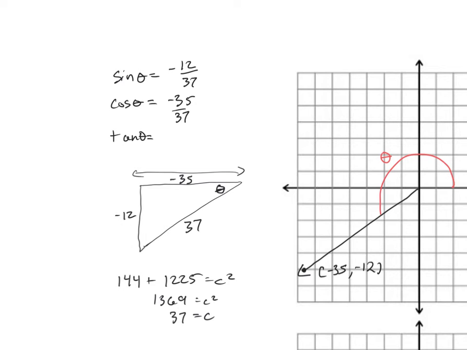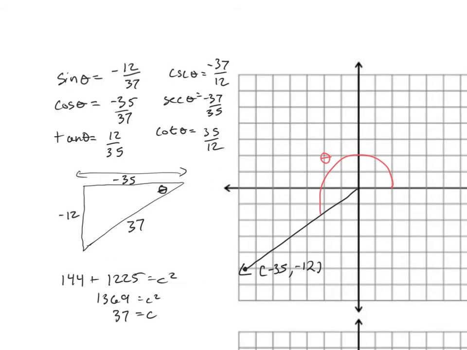Tangent is opposite over adjacent, so negative 12 over negative 35. The negatives cancel each other out, so it actually is just 12 over 35. And then the others are the inverses, so I'm just going to invert my answers here: 37 over 12, negative 37 over 35, and 35 over 12.